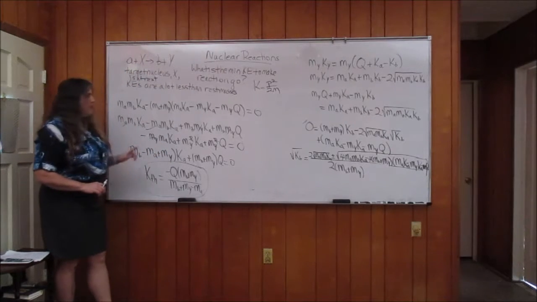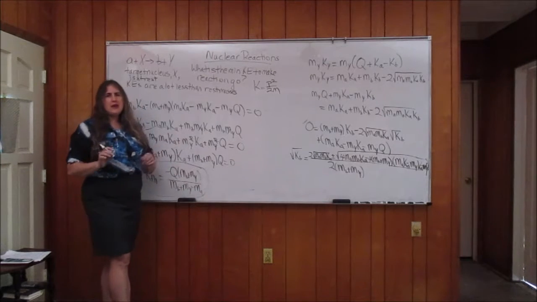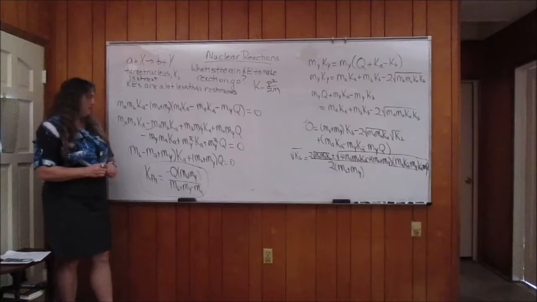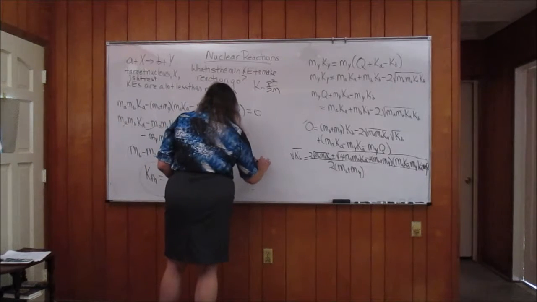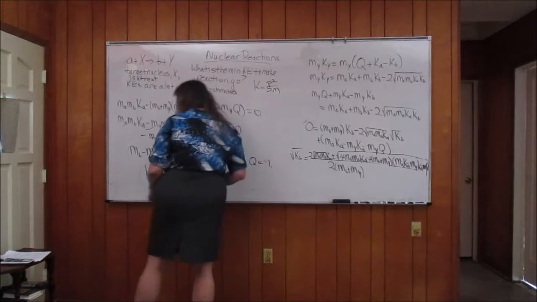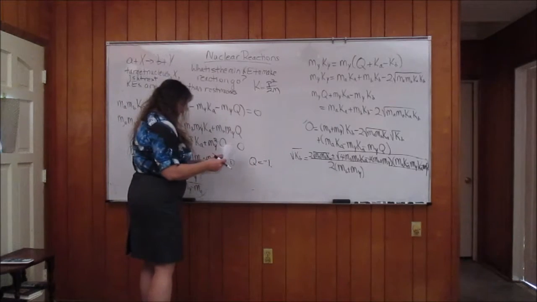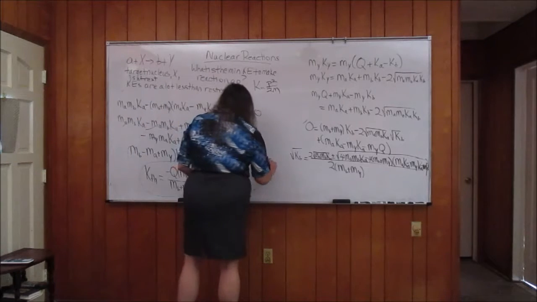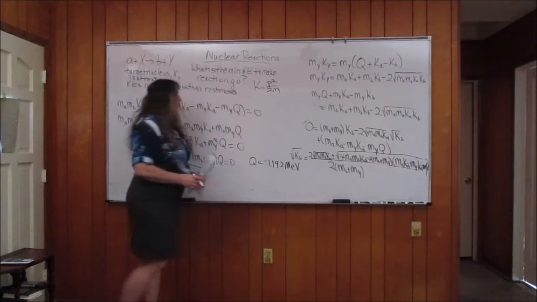Okay? Now, we were looking at the collision of an alpha particle and a nitrogen-14 nucleus, and we calculated Q to be, in that case, minus 1.192 megaelectron volts.